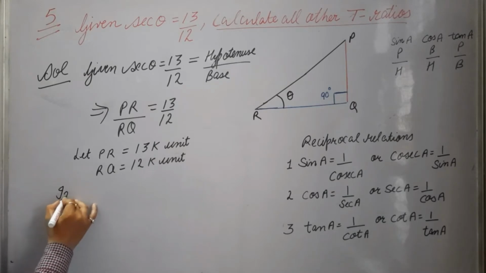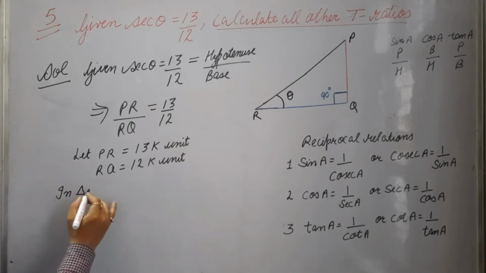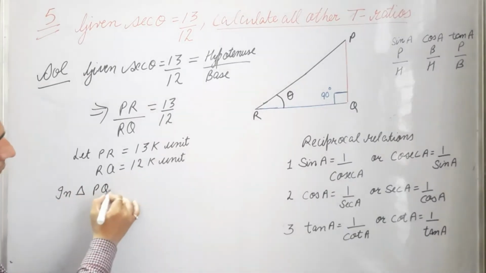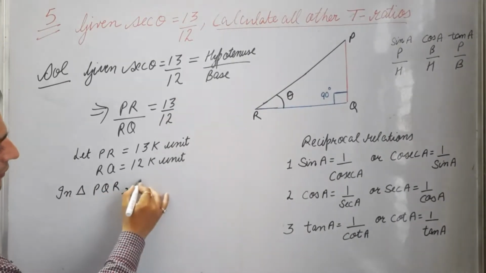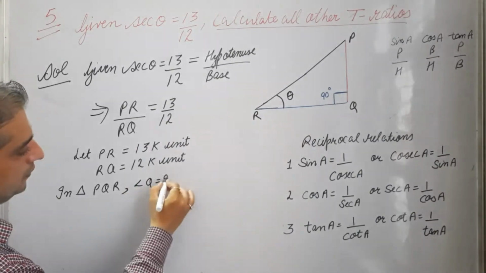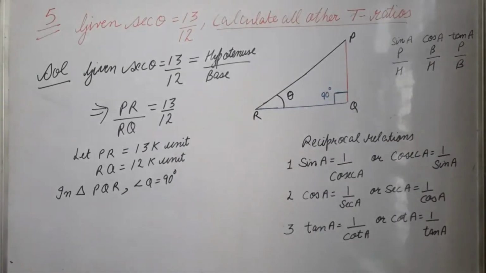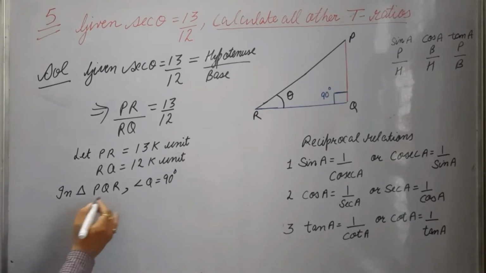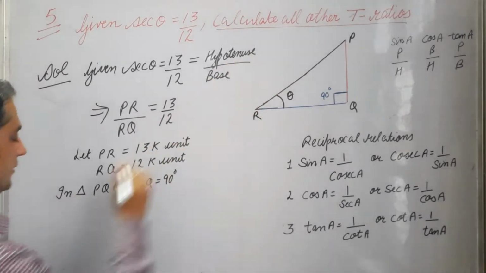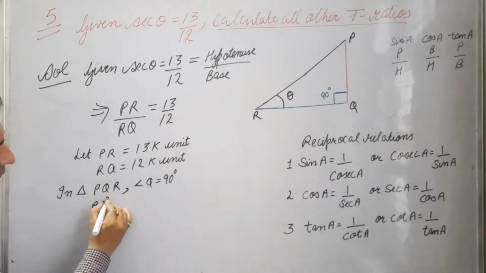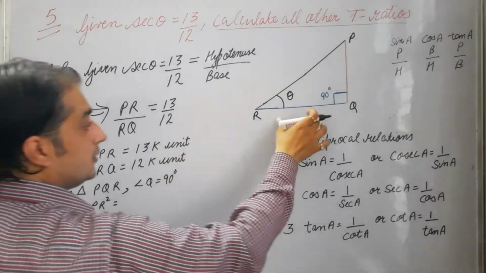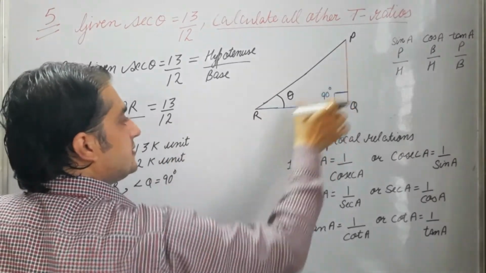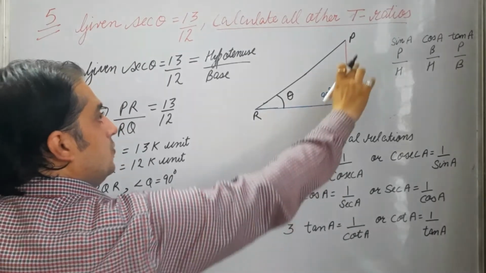So in triangle PQR, the angle Q is equal to 90 degrees. Now apply the Pythagoras theorem to right angle triangle PQR. The longest side is PR. So PR square is equal to the sum of the squares of the remaining two sides, RQ and PQ.